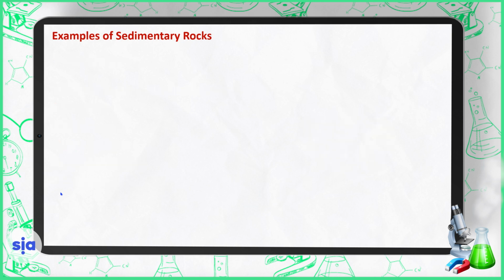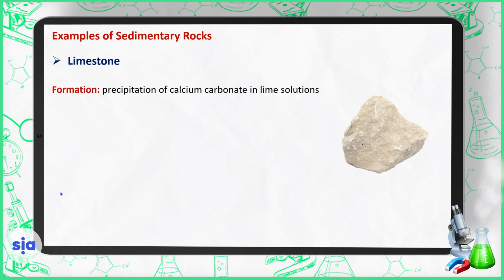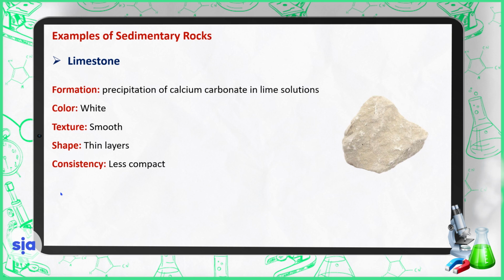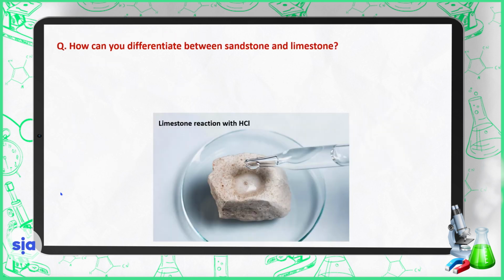Another example of sedimentary rocks, limestone. It is formed due to precipitation of calcium carbonate in lime solutions. The color is white, the texture is smooth, the shape thin layers, and less compact in consistency. The mineral is calcite.